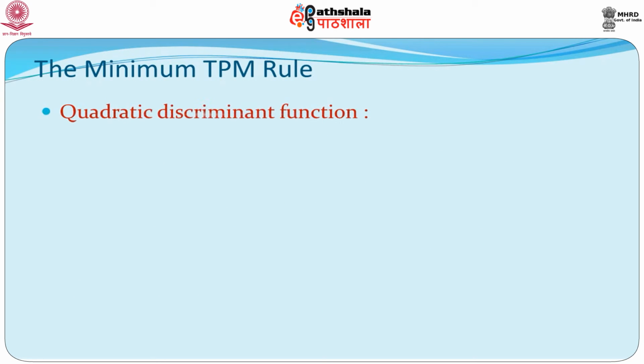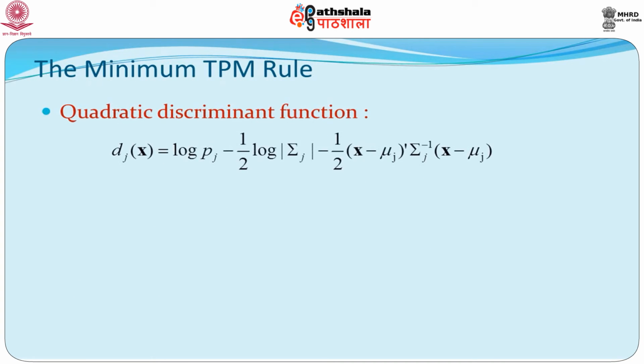And if you look at the minimum TPM rule, what we now have is dj(x) is log of Pj minus half of log sigma j minus half of (x minus mu j)' sigma j inverse (x minus mu j). And what we have done is we have discarded the constant term because it does not come into the rule, it cancels out.